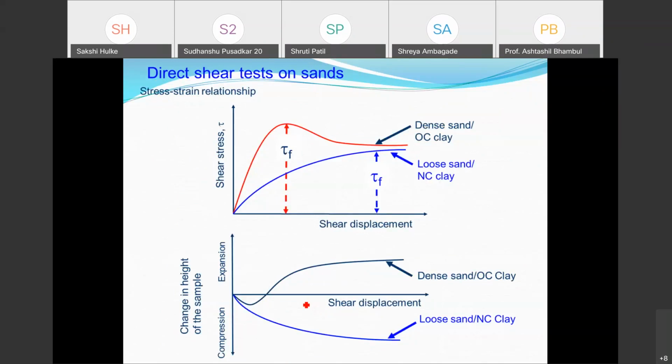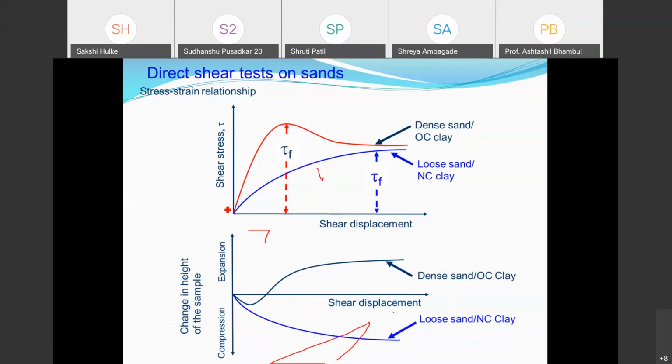Now, for two soils, we'll see how the strength changes take place. This is the stress-strain relationship for sand. Sand may be loose or dense. We can see how shear displacement varies with shear stress and what changes take place in the soil during shearing. The blue curve is for loose sand and this one is for dense sand.